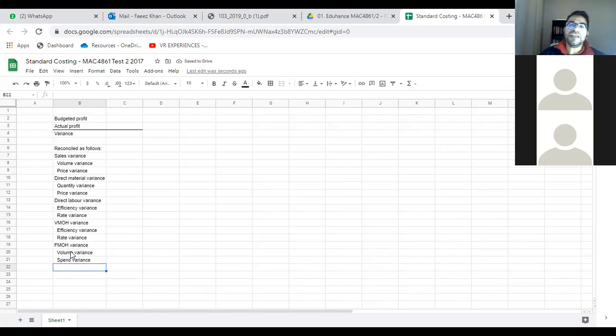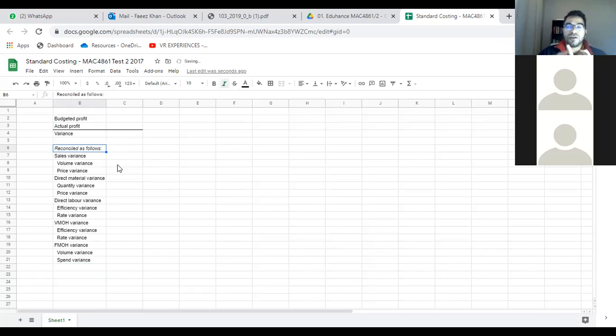So this is the first level of thinking. If you say, dear student, please reconcile budgeted profit to actual profit, then we say budgeted profit compared to actual, we get the variance. We say it's reconciled as follows.